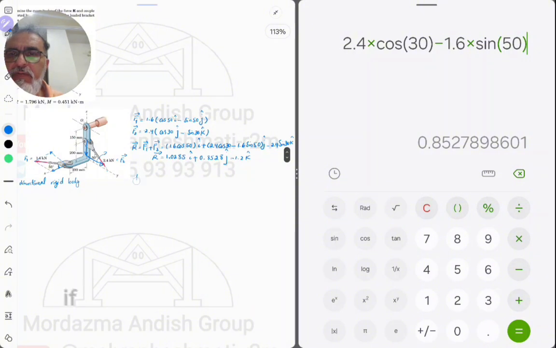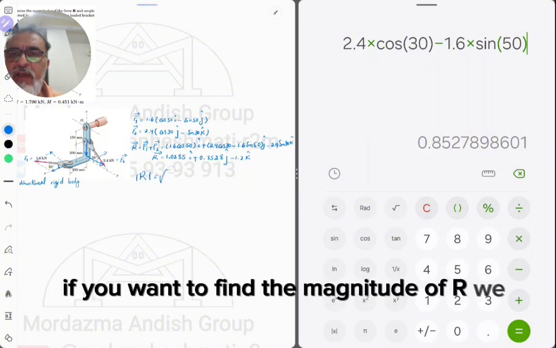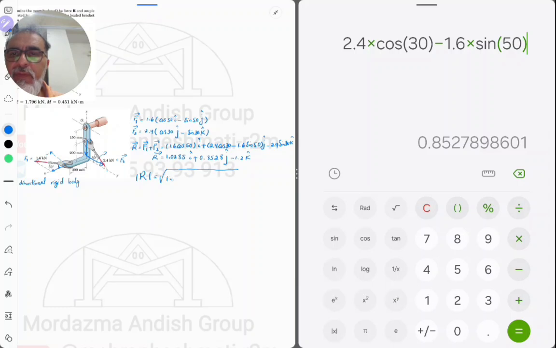So if you want to find the magnitude of R, we have to find this result.